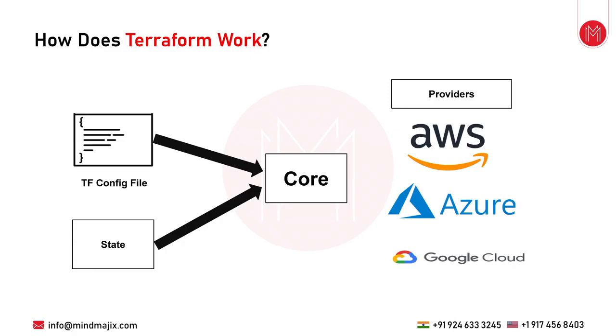State basically calculates the difference between the initial and the final state. These two files act as input to the core. What core does is compare these two files and then give you the desired output by working with the providers. As you can see here, providers are various service providers, or cloud computing providers like AWS, Azure, Google Cloud Platform, and so on. So core and service providers give you all of these requirements that you have.